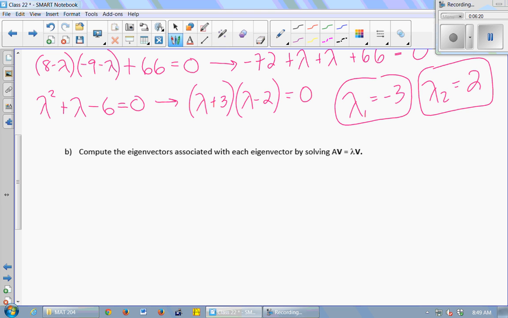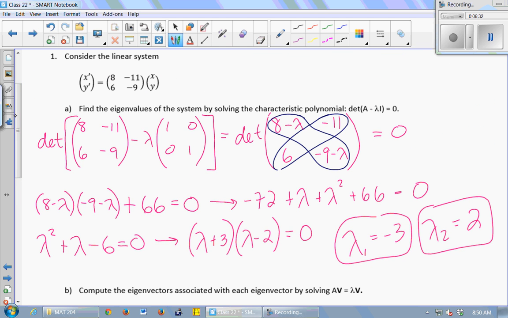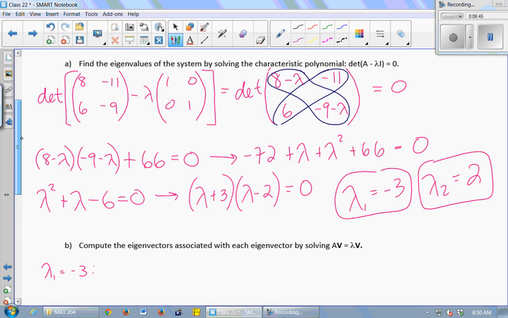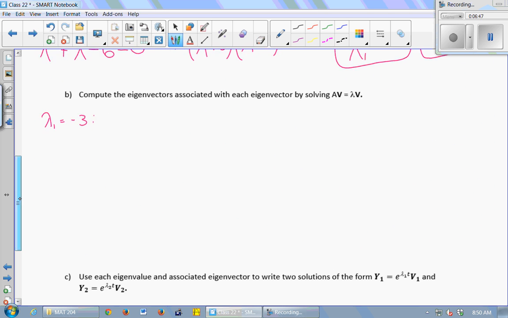So for lambda 1 equal to negative 3, we need to solve Av equals lambda v. And v is a vector, written in bold there, so it's actually a vector xy. Usually we call those things y's, that might be confusing, so I'm using v for vector. Doesn't matter. All right, so A is the matrix 8, negative 11, 6, negative 9.